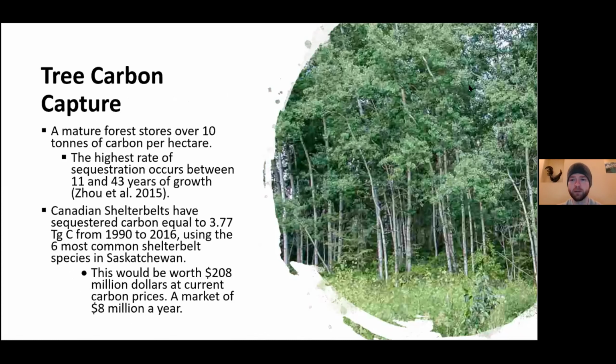And then when you go into the above ground storage, the actual tree, as opposed to the roots, they end up storing the remaining. So as you can see here, a mature forest can store over 10 tons of carbon per hectare. And the highest rate of storage usually happens when they're initially growing. And then when you get to a climax stage, the carbon capture rate slows down, but that storage is really immense.